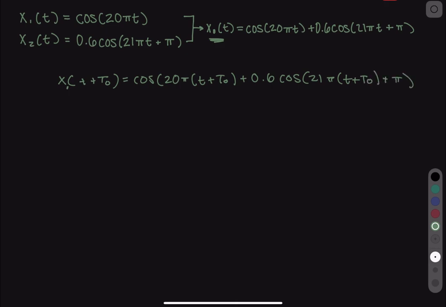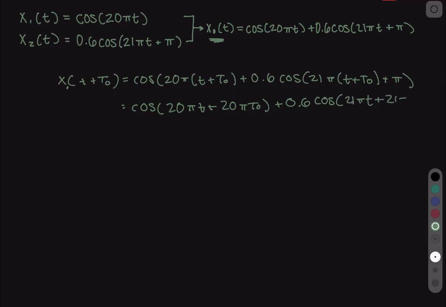And then we're just going to distribute so that we have cosine of 20 pi t plus 20 pi t naught plus 0.6 cosine of 21 pi t plus 21 pi t naught plus pi.